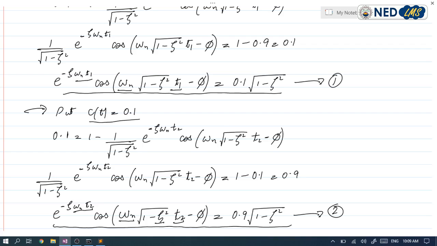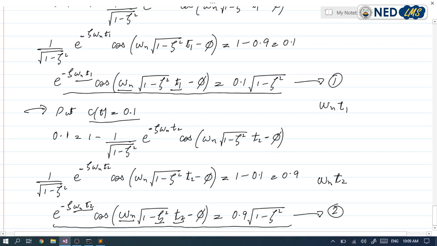Through that, omega n t1 becomes one variable, and here omega n t2.